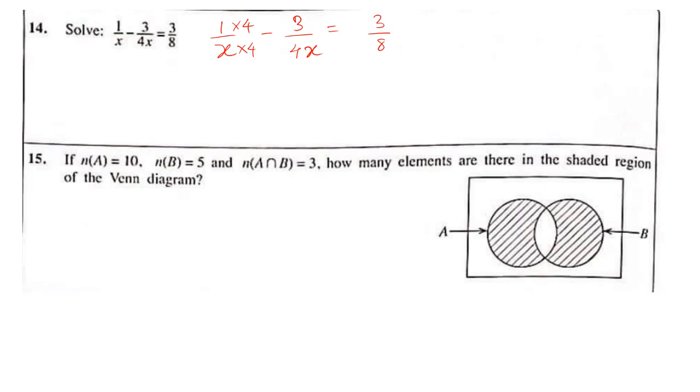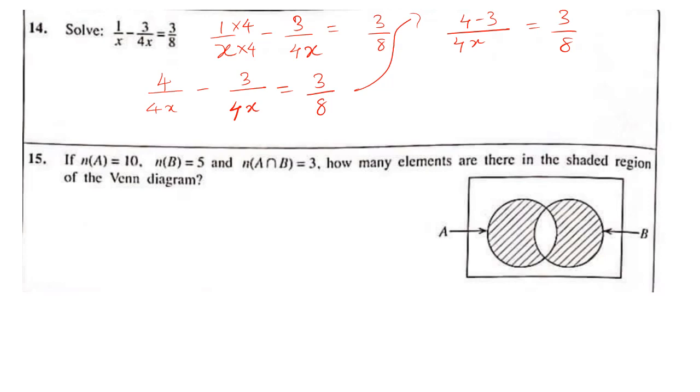Then you get 4 over 4x minus 3 over 4x equal to 3 over 8, and then you get something like this. 4 minus 3 equals 3 over 8.